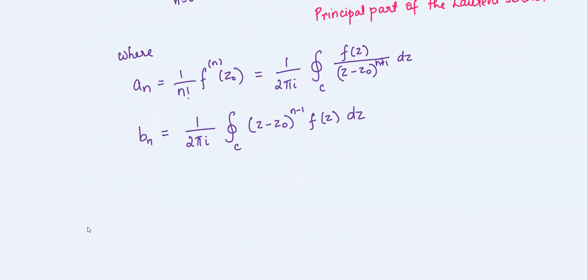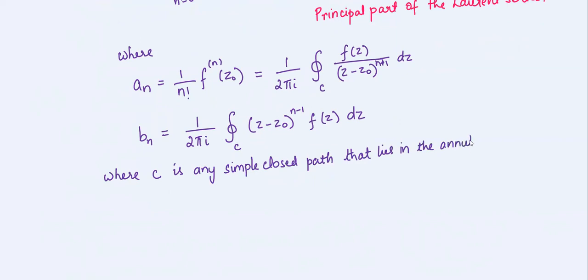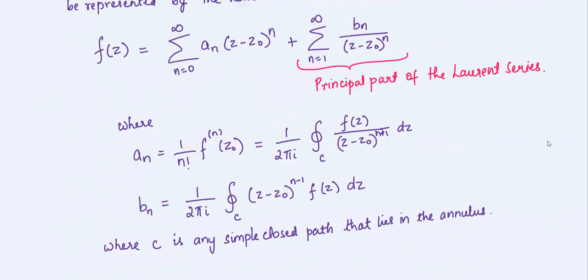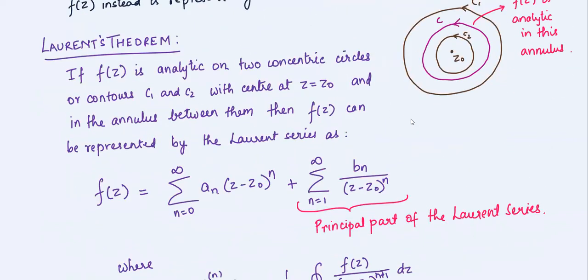And now very important, where C is any simple closed path that lies in the annulus between the two circles. This is the Laurent series.